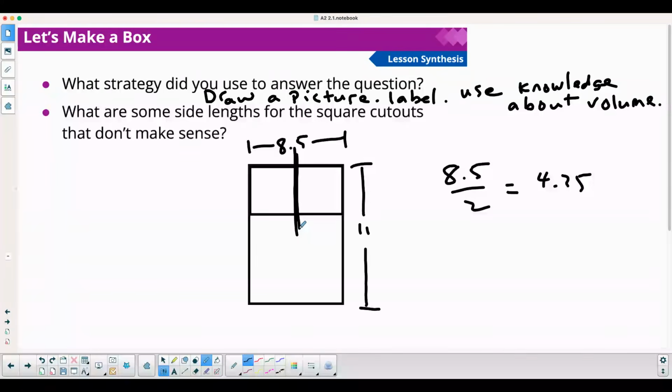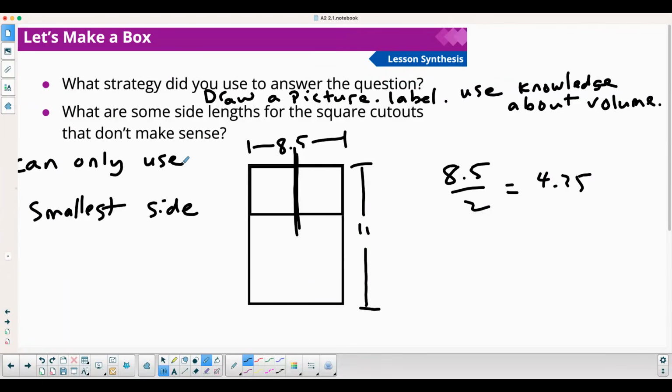So basically, your smallest side should say, we can only use less than half of the small side, okay? Because we just won't have any left to make a box.